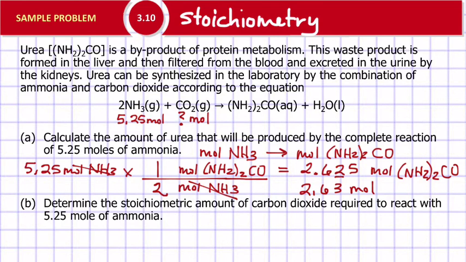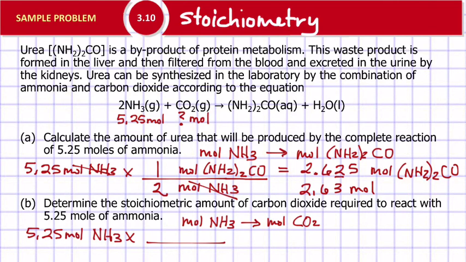So now my path is moles of ammonia to moles of CO2. So 5.25 moles of ammonia. My path tells me what to put on the top, moles of CO2.